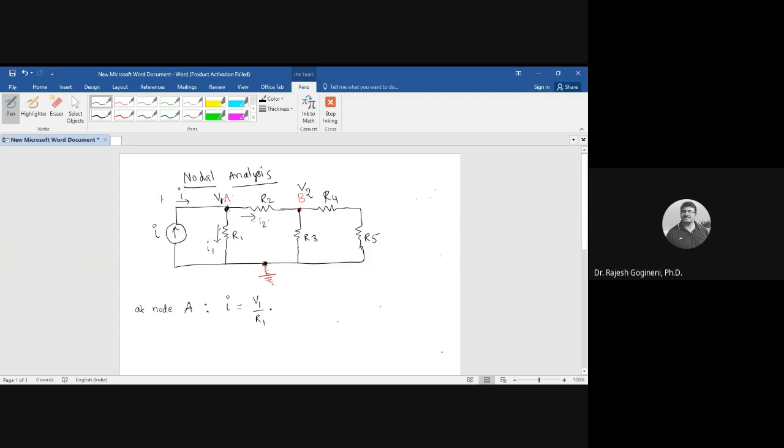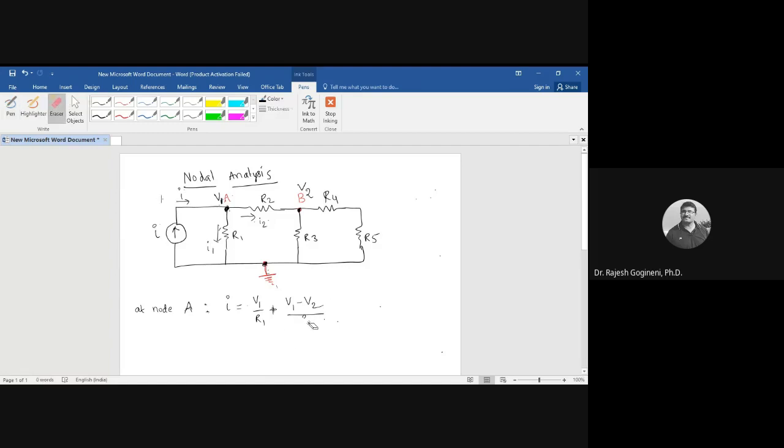Plus, A with reference to B, another current I2 is flowing towards B, right? So what is the voltage between these two? We can write the voltage difference V1 minus V2 by R2, not I2, R2.